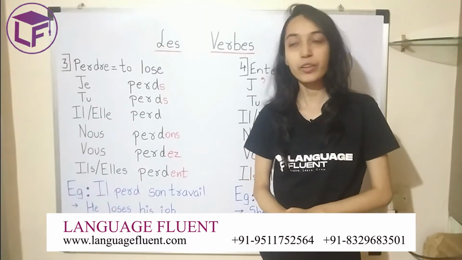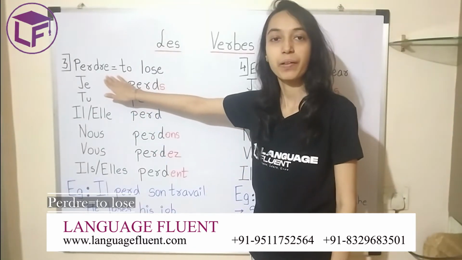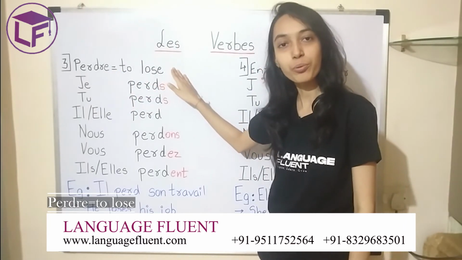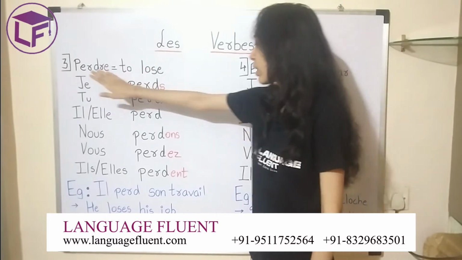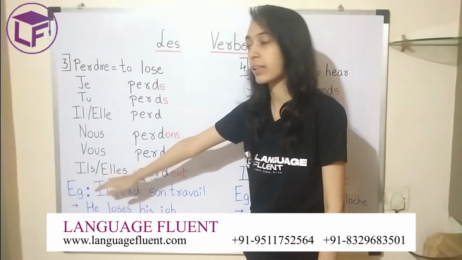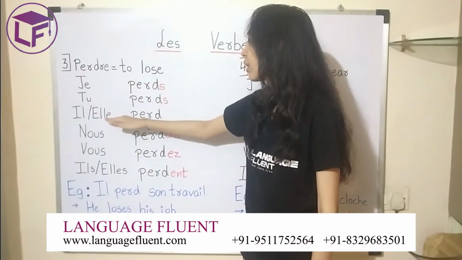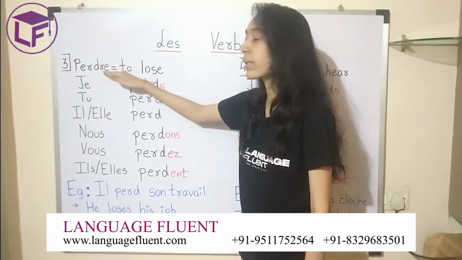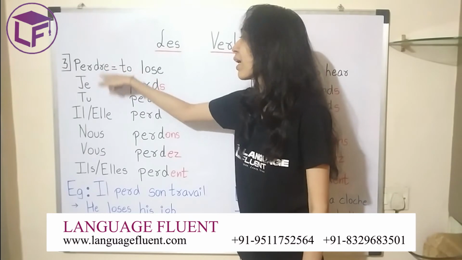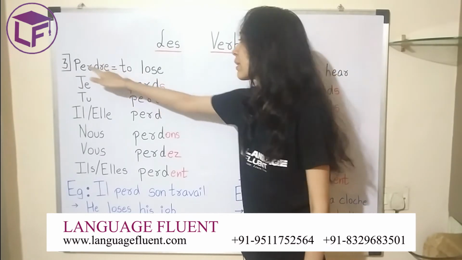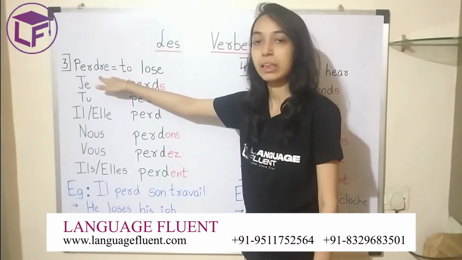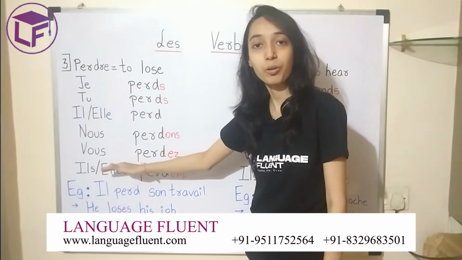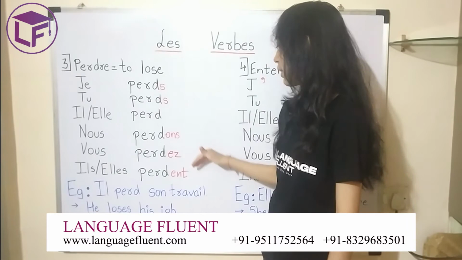Now, the third verb is perdre. Perdre, which is to lose. To lose. Again, we write subject pronouns as they are. Je, tu, il, elle, nous, vous, ils, elles. From perdre, we eliminate RE and the word we get is PERD. So we write PERD to each and every subject pronoun and we add endings.